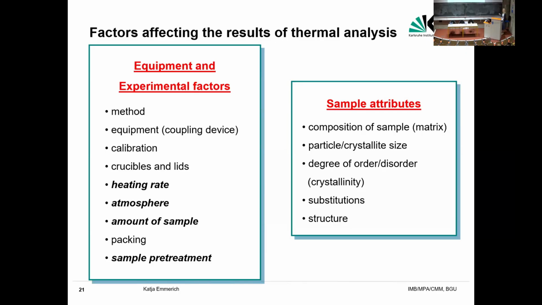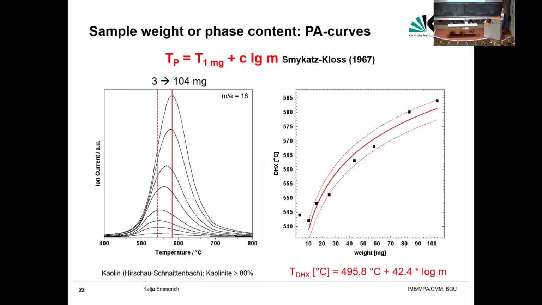We also want to get information on the order or disorder of clay minerals or on the structure. But to get this information out of our measurements, we really have to be careful with the applied parameters like heating rate, the atmosphere, even the amount of material that we put in the crucible during the analysis influences the result. And this I will show you with the next slides.